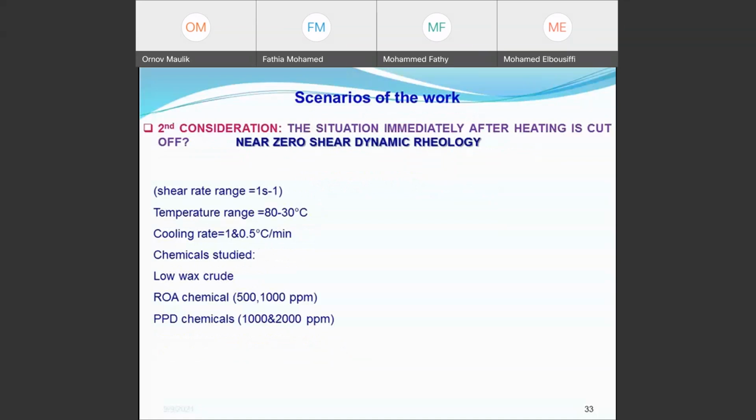The second consideration is immediately after heating is cut off. Here the shear rate is just 1 reciprocal second, compared with 10 and 50, because here we talk about near zero shear dynamic rheology, with the temperature range from 80 to 30 as well, and the same chemicals studied.